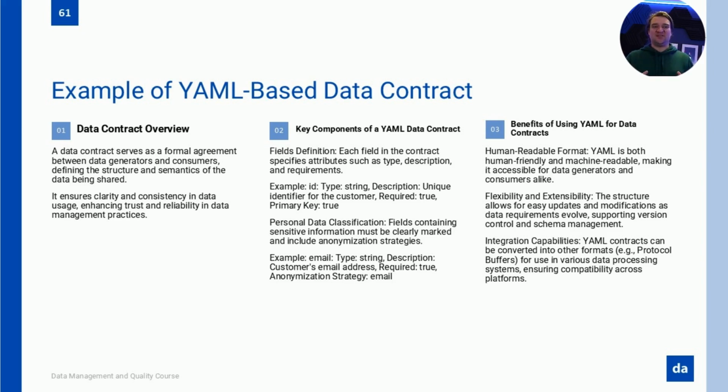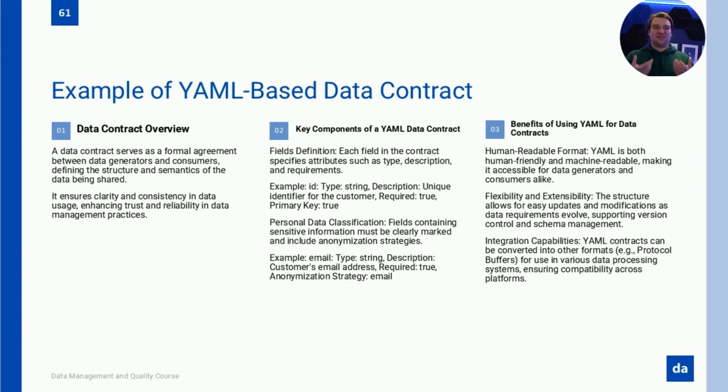Each ingredient or data field is clearly labeled with instructions, so there's no confusion about what's being served. A YAML data contract specifies field definitions, with each field's attributes like type, description, and requirements. Example: ID, type: string, description: unique identifier for the customer, required: true, primary key: true.